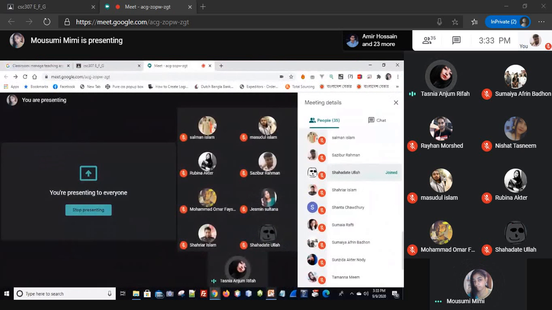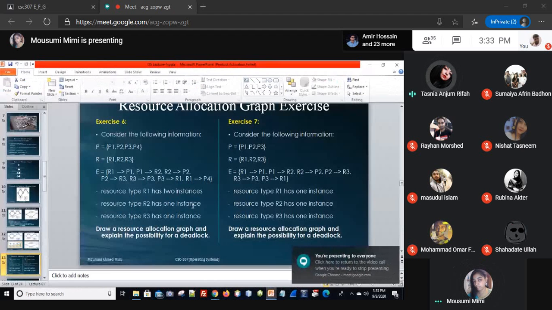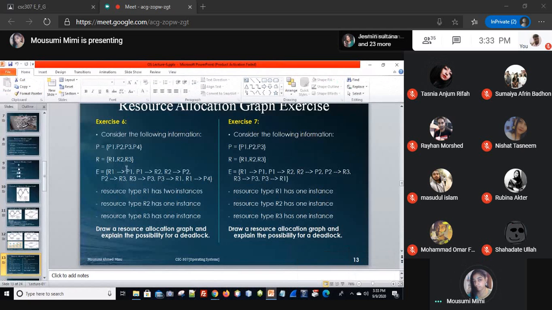Which process is requesting and which process is actually holding the resource? Okay. So whenever the arrow is indicating to the process, that means the process is holding the resource. Whenever the arrow is indicating to the resource, that means process 1 is requesting resource 2. Do you clear?